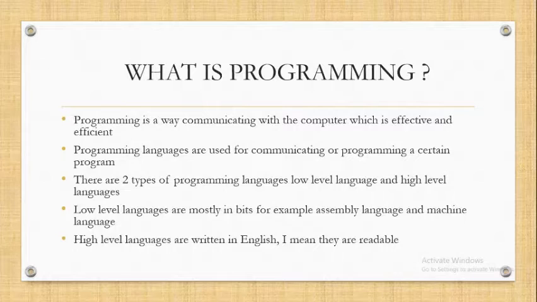High level languages are written in English. I don't mean that they are purely written in English, but that they are readable by you. For example, there will be something called a for loop, and you can read that, right? But when it comes to low level languages, they will be in bit form like 0101, and you won't understand what is happening there.